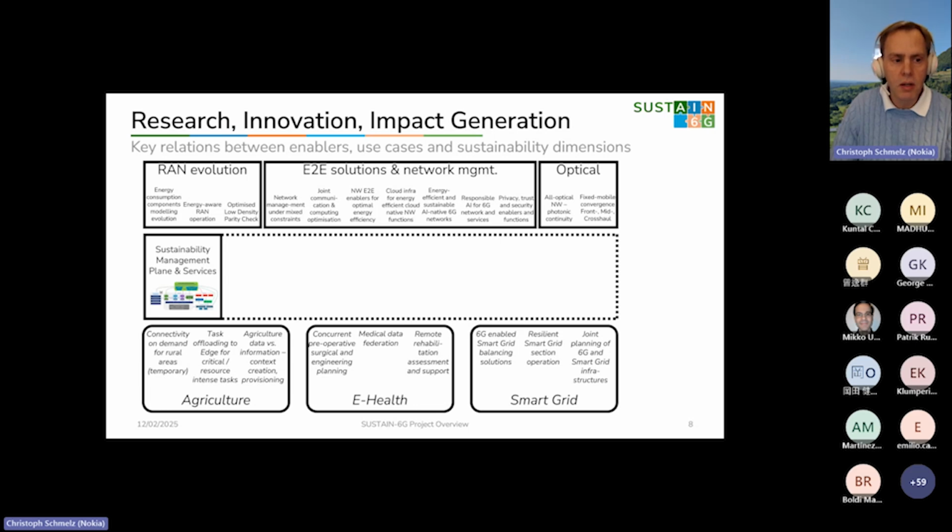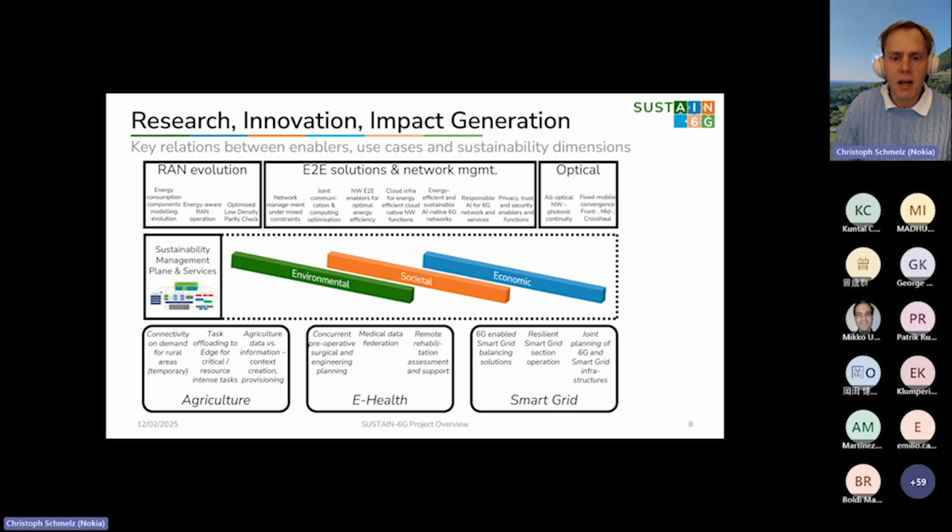Here we will go for a sustainability management plane concept, which drives that. And just as a quick hint of how interconnected all these topics are with the different sustainability parts, and this is by far not a complete picture. So looking at these trade-offs will really be a challenge in the end.